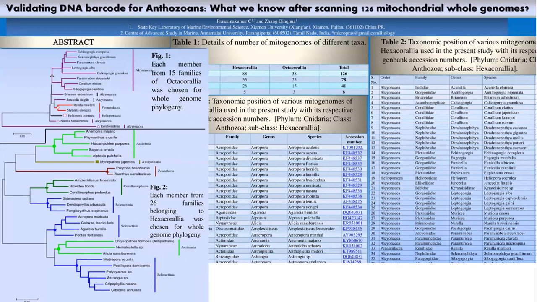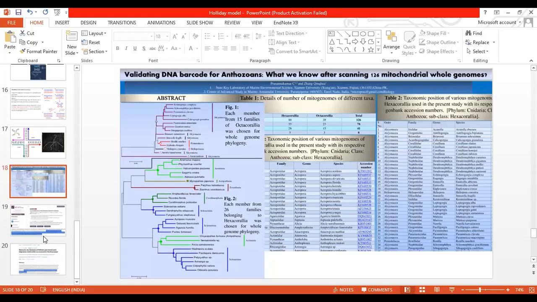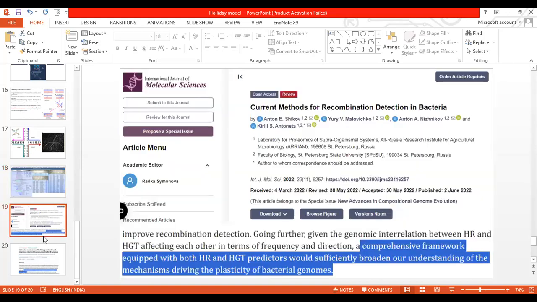Even species of different genera sometimes share not even 0.1% variability in the genome. They are that similar. Given that they are cnidarians, they are supposed to have an identical genome.